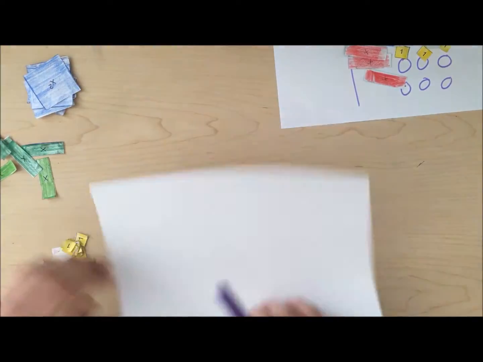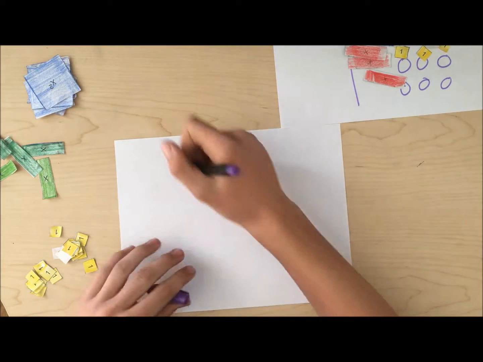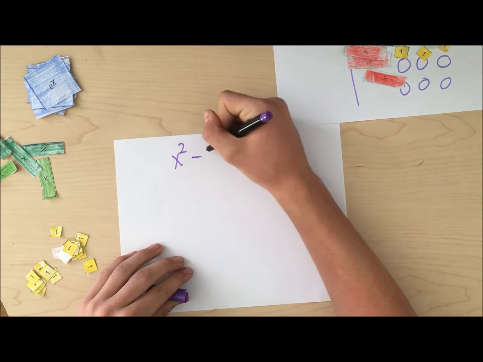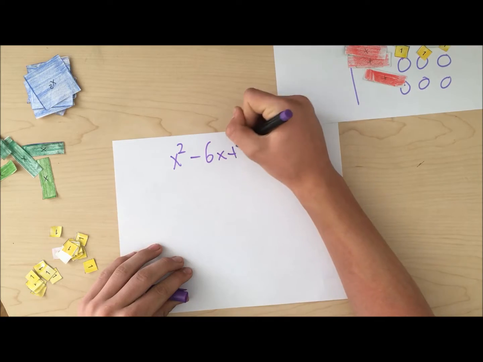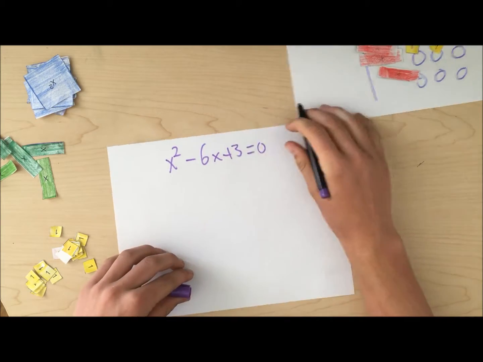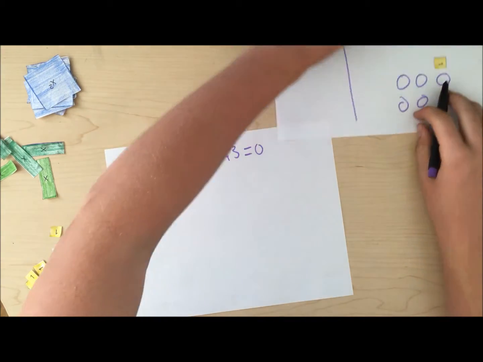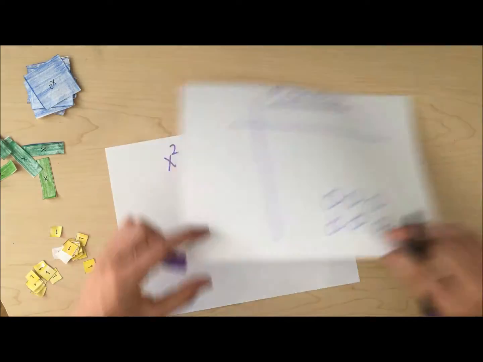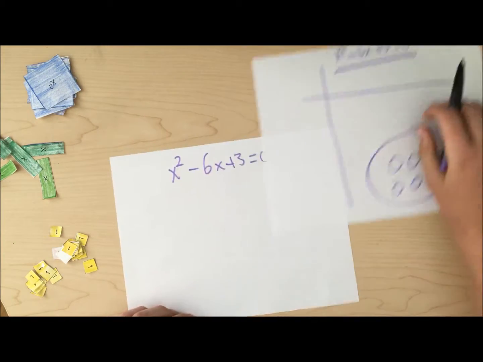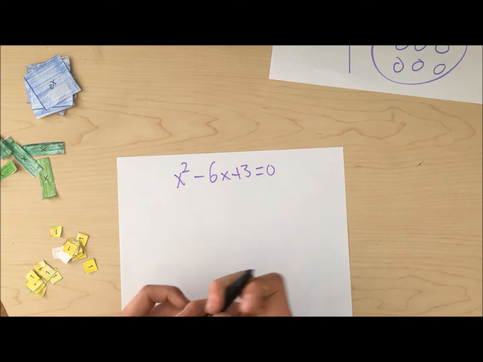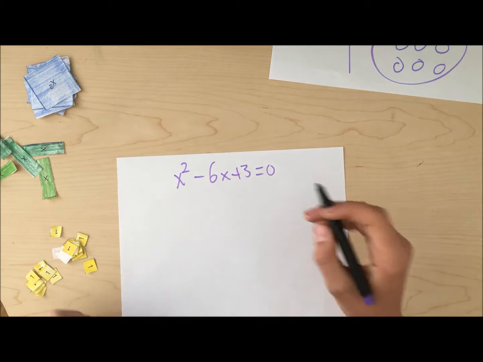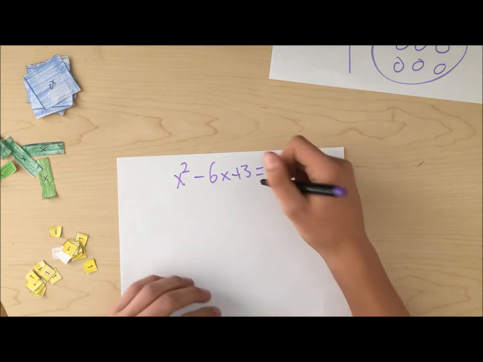So now we have to figure the actual equation out, which is x squared subtract 6x plus 3 equals 0. We now know that there are 6 missing. So let's find those. So first thing we have to do is add 6 to each side.